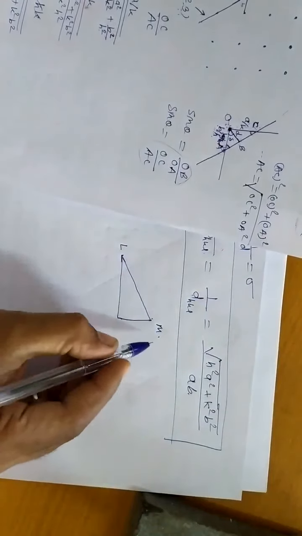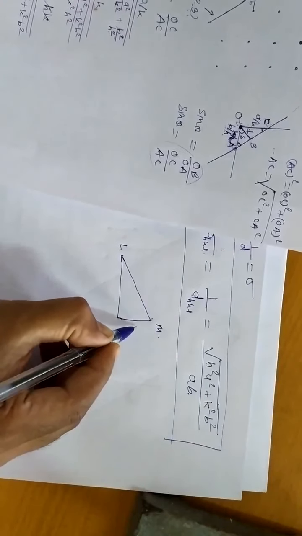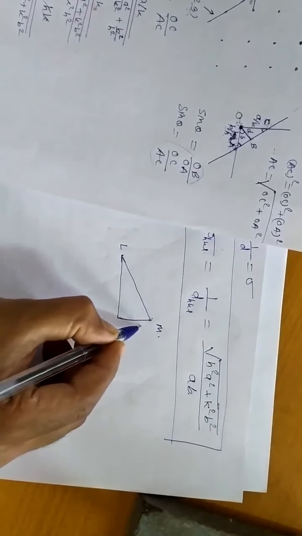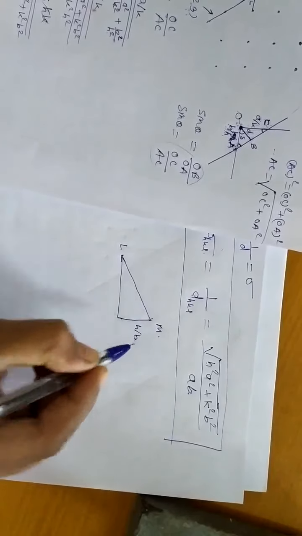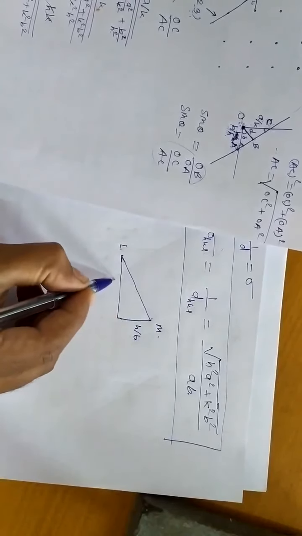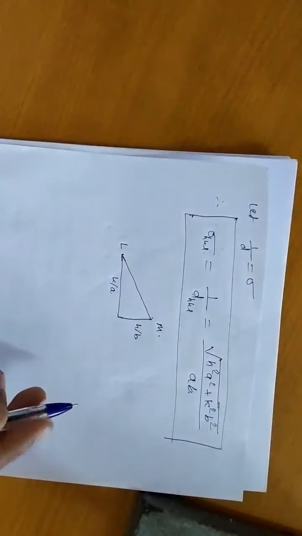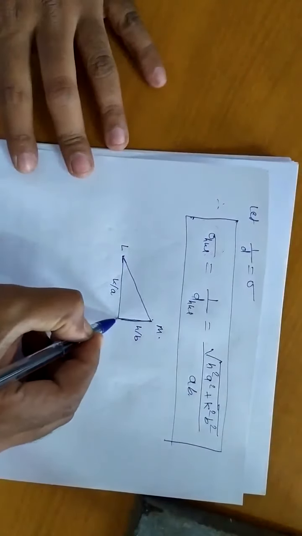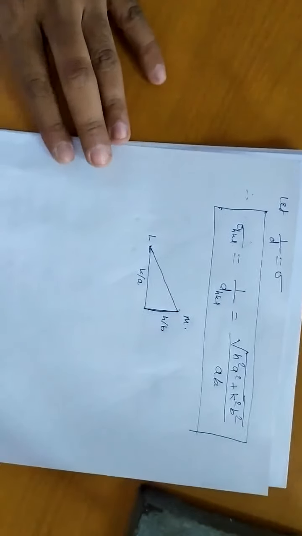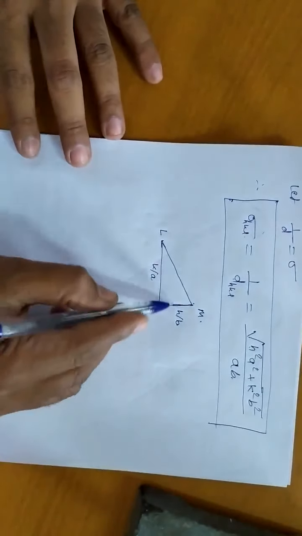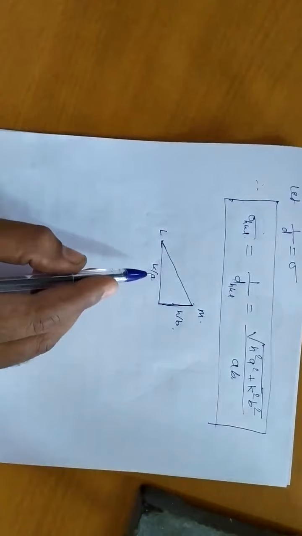Reciprocal of this is h upon b, and this is k upon a, that is reciprocal of the lattice parameter and intercepts, that is h upon b and k upon a.